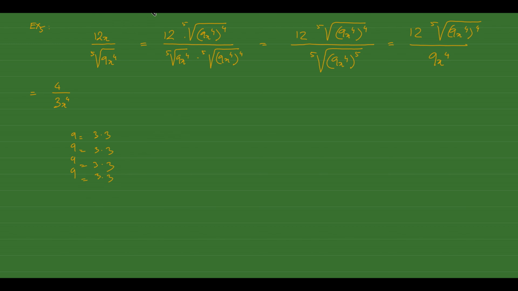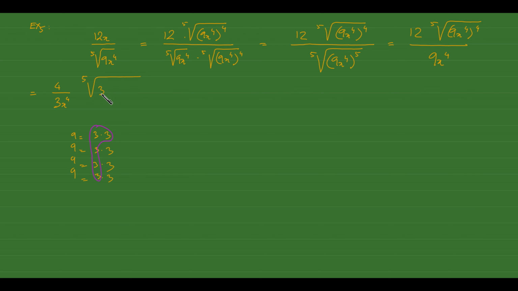So let's see how many pairs of something raised to the fifth I can write. Okay, because we need to simplify with the fifth radical here. So we have only one pair, right?